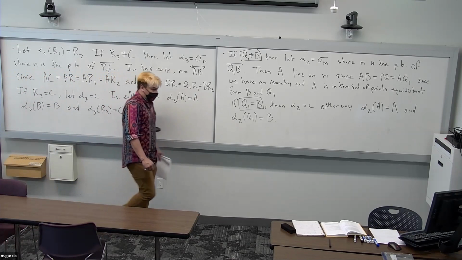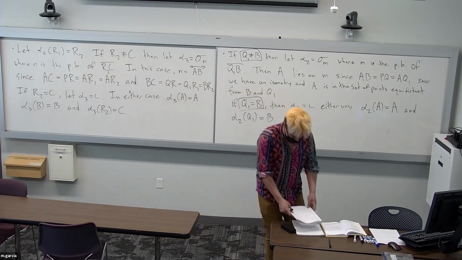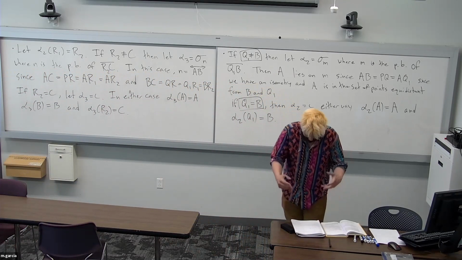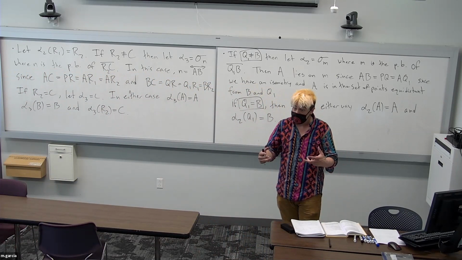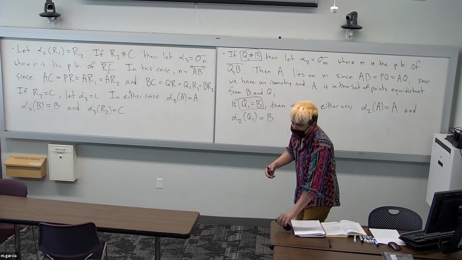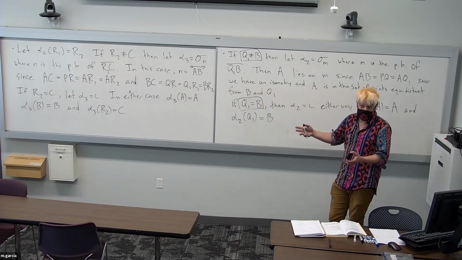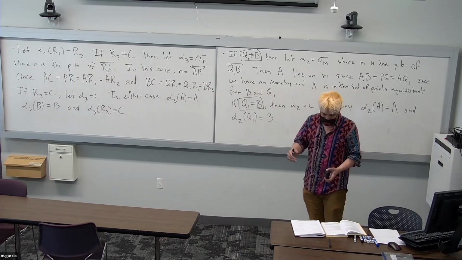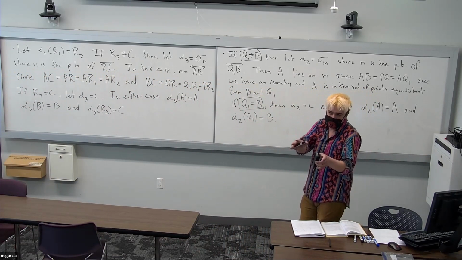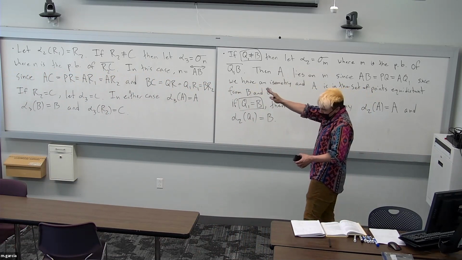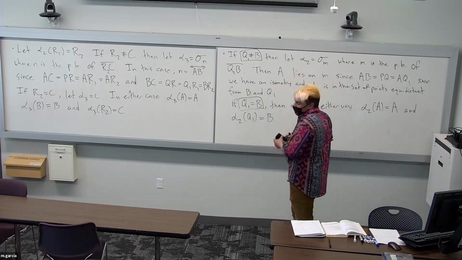Okay, so what do we do now? We're trying to construct this unique isometry that we can propagate. In what order, right? A through A2, A3, alpha 3, alpha 2, alpha 1, right?